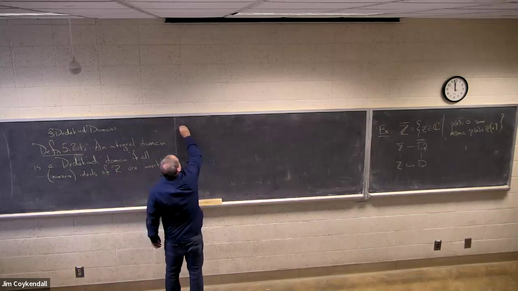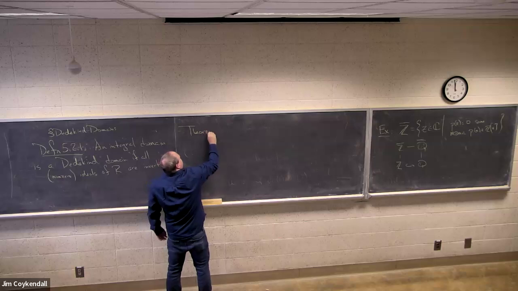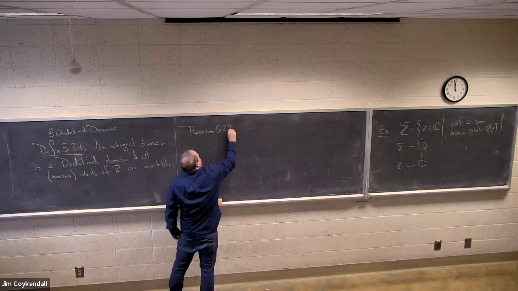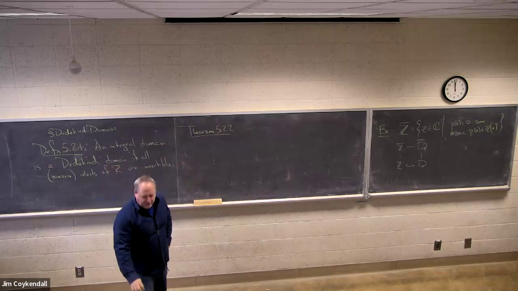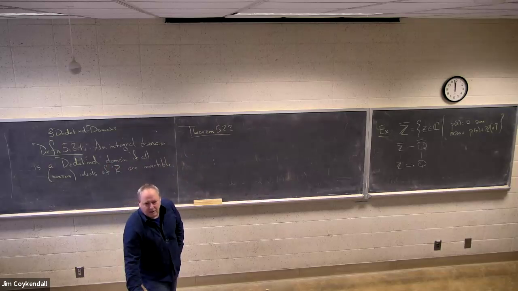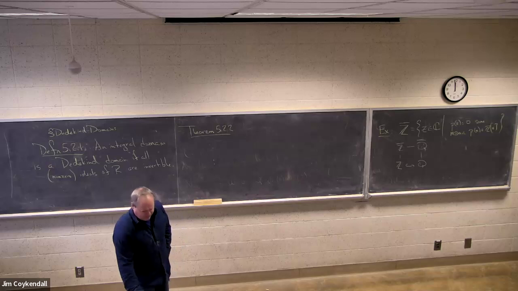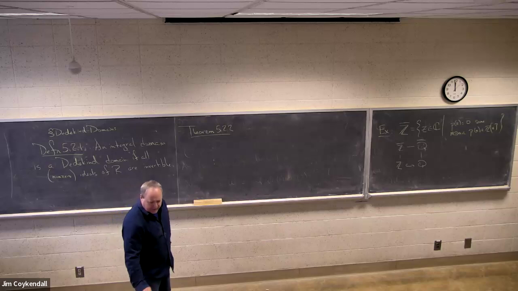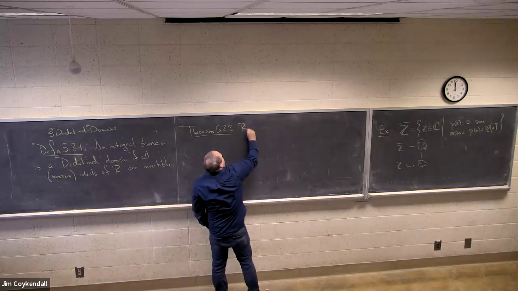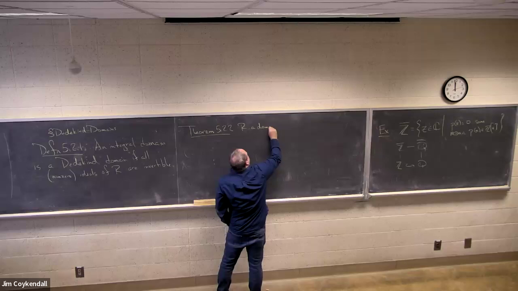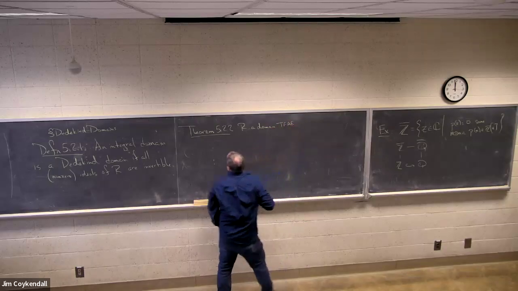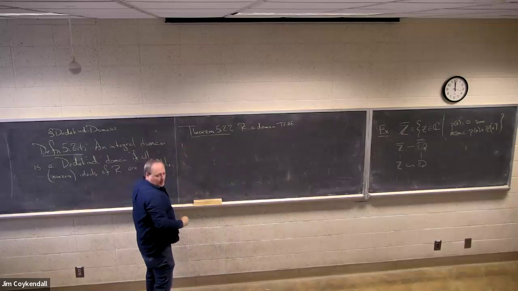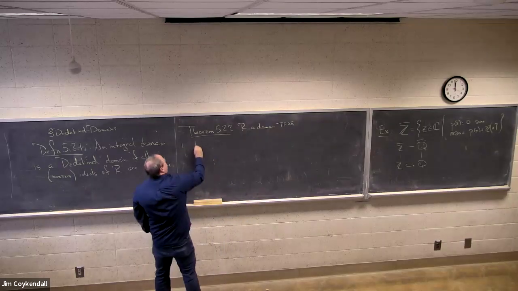Theorem. Like I said, there are an Avogadro's number of equivalent conditions for Dedekind domains in the literature. Let me give you some of my personal favorites. This is Jim's hit list. Let R be a domain. The following are equivalent. Number one, R is Dedekind.